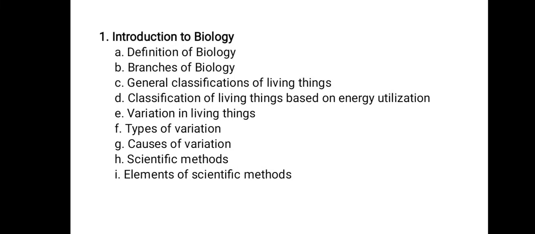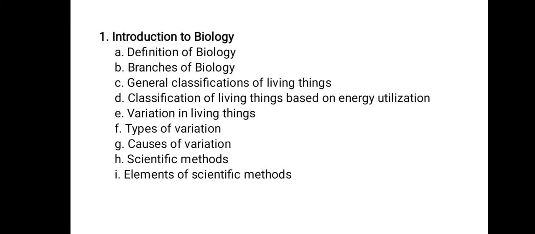Branches of biology that is of interest to us in this course. And then in C, we will discuss general classification of living things. In D, we'll now talk about classification of living things based on how they utilize energy, or based on energy utilization.